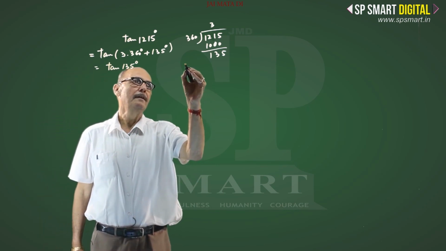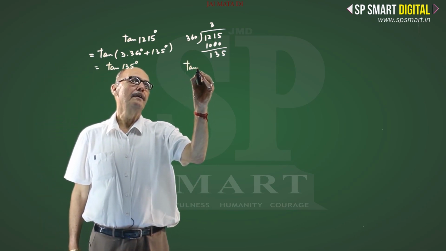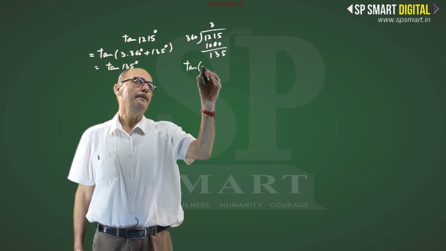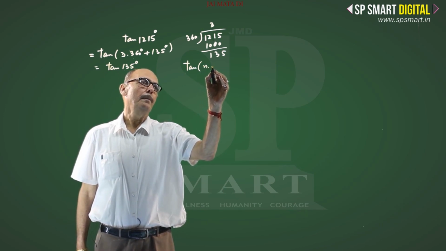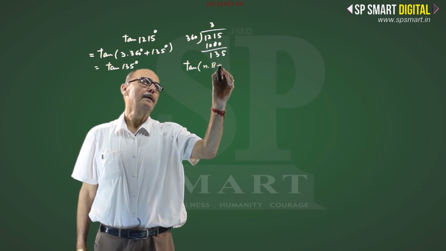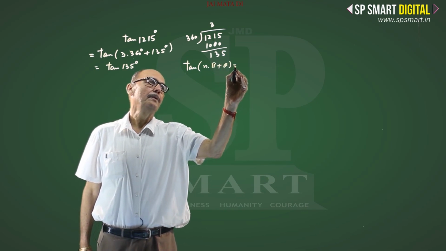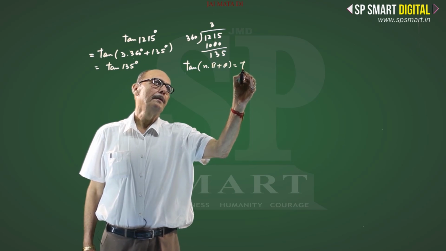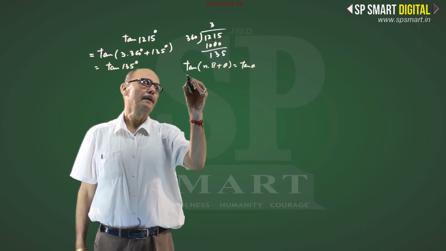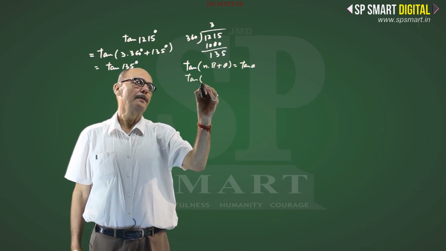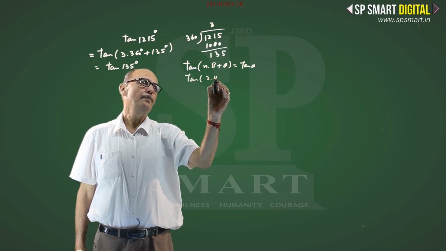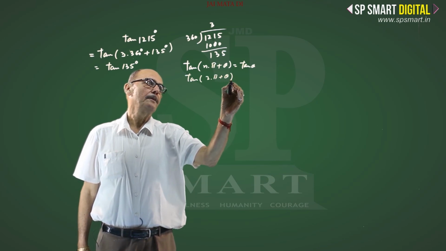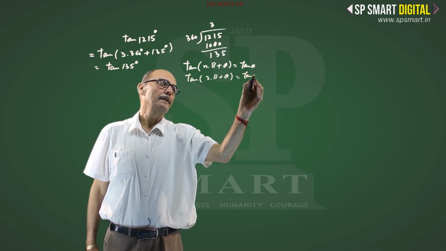As we have tan of n into 2 pi plus theta is equal to tan of theta. It is tan of 3 into pi plus theta is tan of theta.